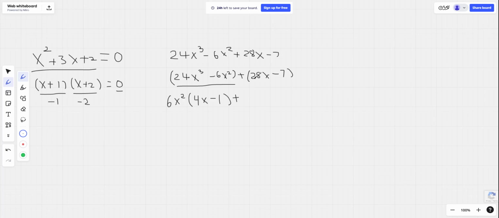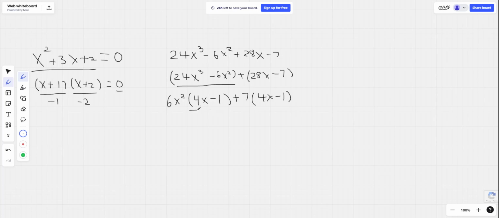However, we can find that the greatest common factor of 28 and -7, the biggest number that goes into both, is just 7. So 28x over 7, we're left with 4x, and -7 over 7, we're just left with -1 yet again.